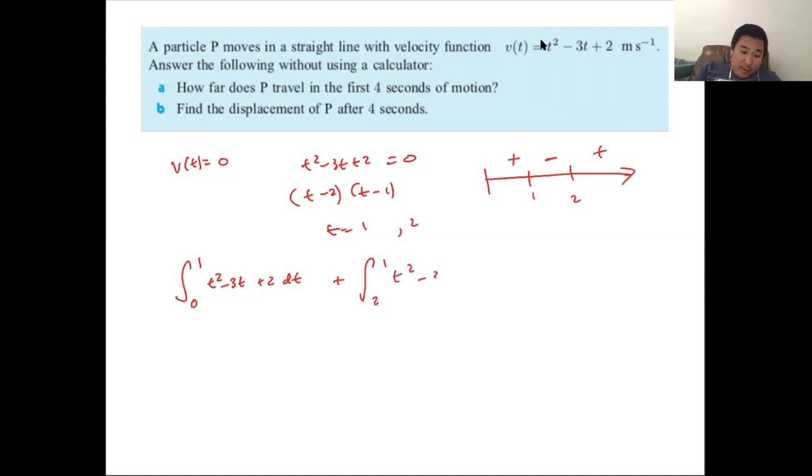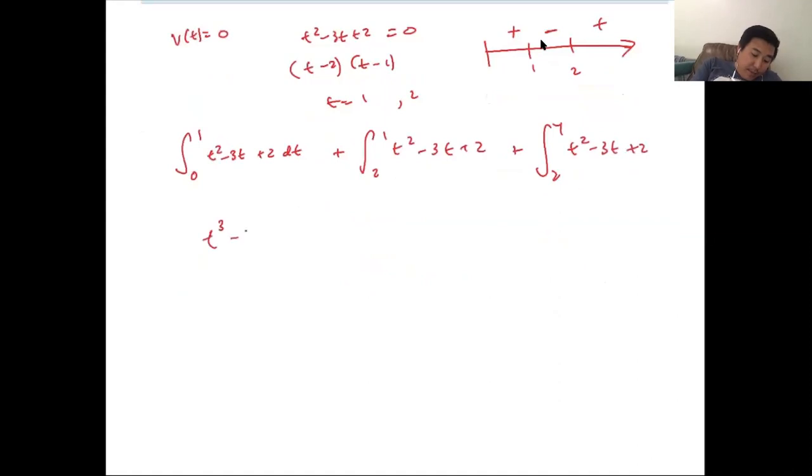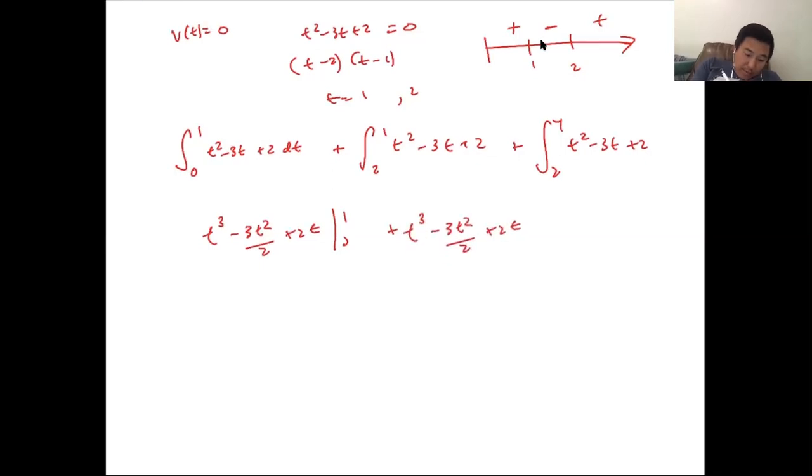So t squared minus 3t plus 2, plus, and then you go from 2 to 4 of t squared minus 3t plus 2. So the integral is t cubed over 3 minus 3t squared over 2 plus 2t from 0 to 1, plus from 1 to 2, plus 2 to 4.